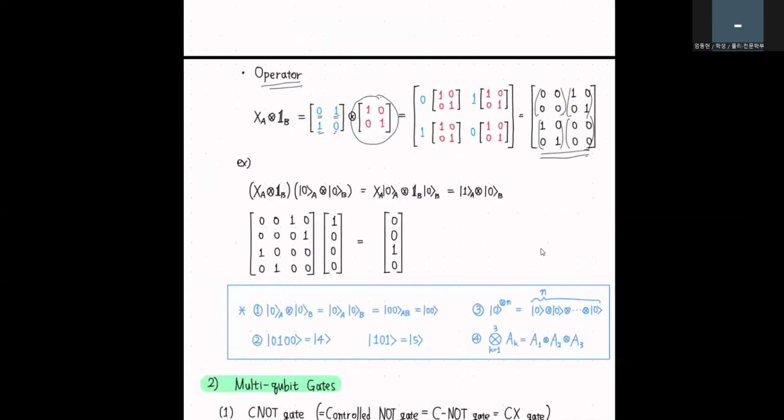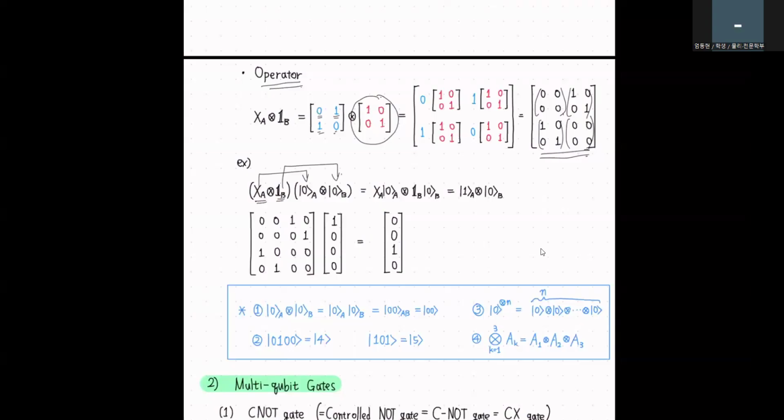Another way of thinking of operators of composite systems is that they simply apply each operator that they're a tensor product of to the corresponding basis states of the corresponding constituent systems.